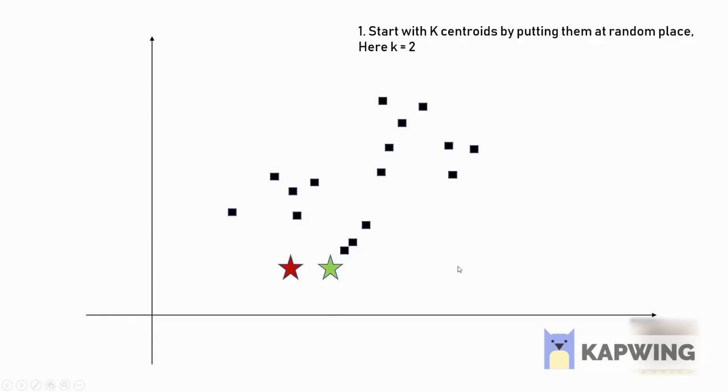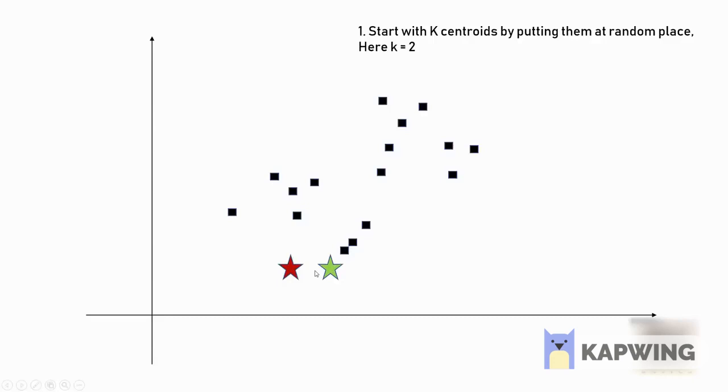Next step is to identify the distance of each of these data points from these centroids. So for example, this data point is nearer to this centroid, hence we'll say it belongs to the red cluster. Whereas this data point is nearer to green, so we'll say this belongs to the green cluster.